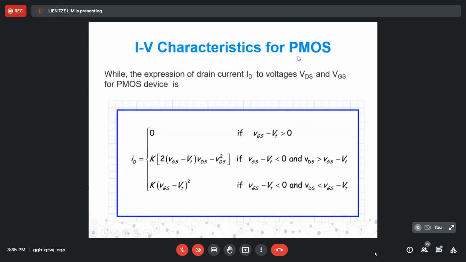For PMOS, the drain current can also be calculated. This is the formula, which is almost the same as for NMOS except that the conditions of the input voltage are different. You can compare with NMOS and roughly get what is meant by the conditions given here.